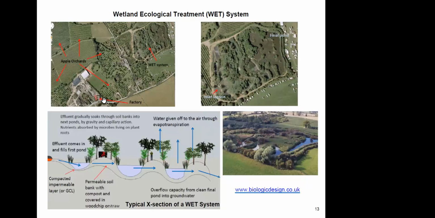The wastewater coming out of the cider mill in the UK was about 3.5 pH, which is very, very acidic. And all they did, they constructed a wetland, emulated a wet system here, a wetland ecological treatment system, where the wastewater meandered around, and by the time it came out in the final pond, the wildlife habitat here was pretty much amazing. And this is a cross-section of what it looked like.